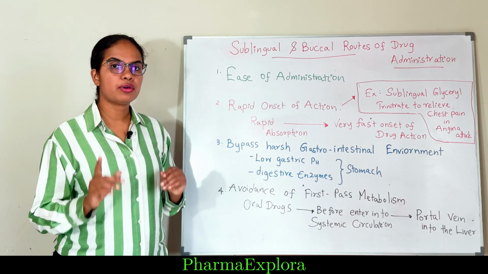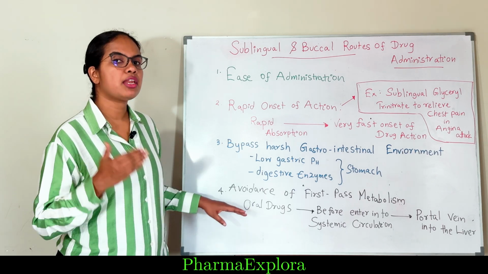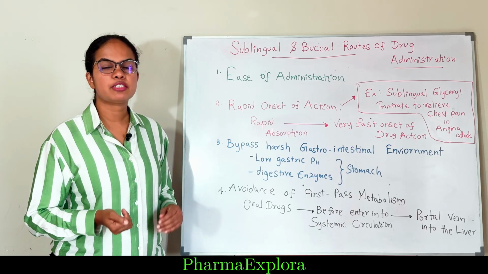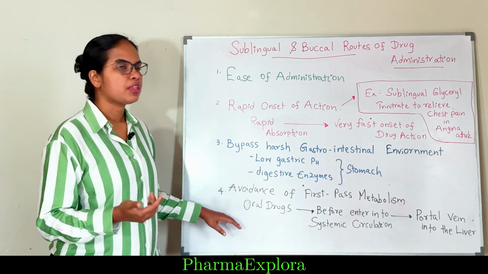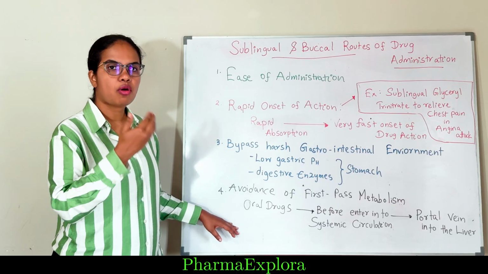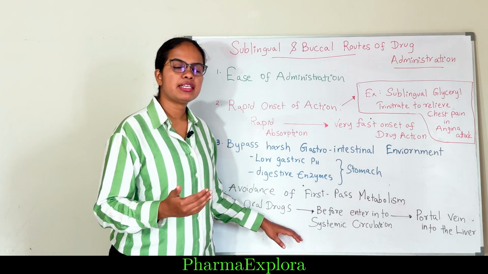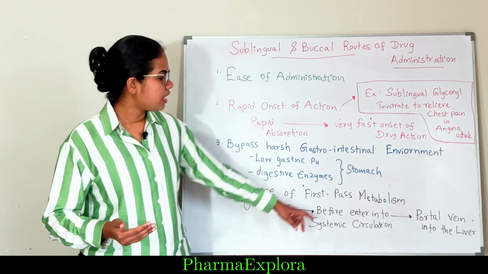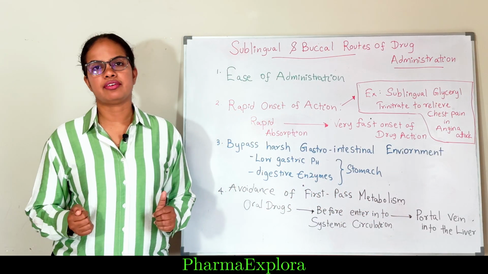And also the fourth one, the avoidance of first pass metabolism. In our last lecture, we discussed in detail what first pass metabolism is. When we take medicines orally, before they enter the systemic circulation, they have to go through the portal vein into the liver.